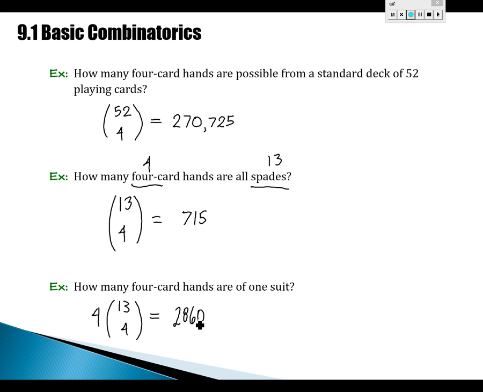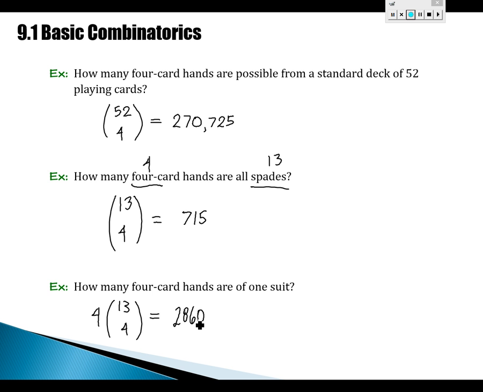You can also picture that as a decision tree. If you're not sure why multiplication is the correct move to make there, think: my first decision is to pick a suit. How about diamonds? You have 4 options for that. And then underneath each one of those suits on your tree, you have 715 branches, from 13 cards that are diamonds, say.